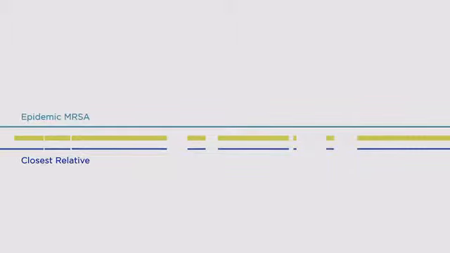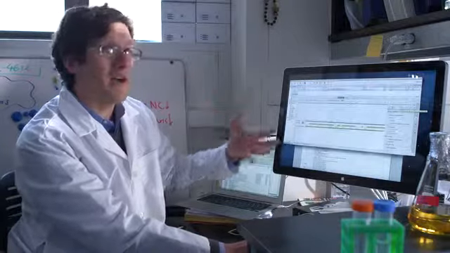And you can see that here in this alignment of the two genomes where these spaces indicate regions that don't exist in the closest relative but do exist in the epidemic strain, which suggests that those areas of the genome were actually acquired from some foreign source, some other strain somewhere else.